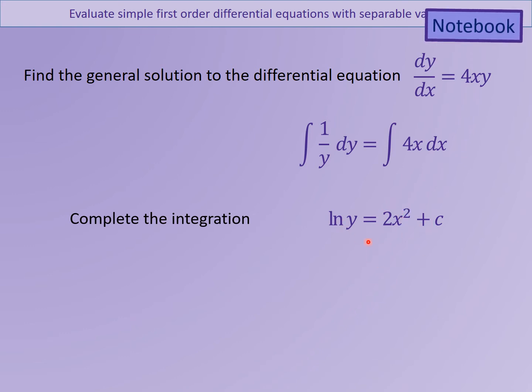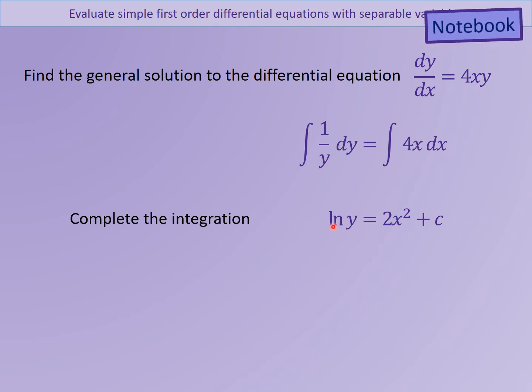Notice that you don't need to put a constant of integration on both sides. Just put it on one side, at the very end, is all you need. The reason you only need it on one side is because if you had plus c here and then plus k here, you could put those together and it would still be a constant value.